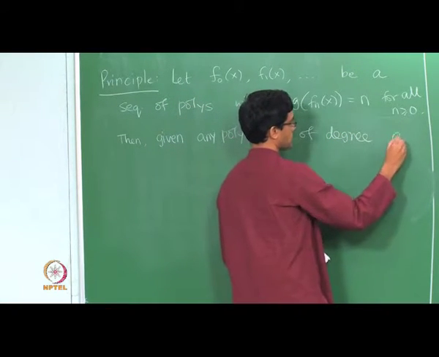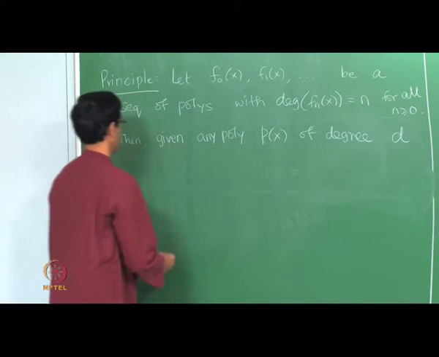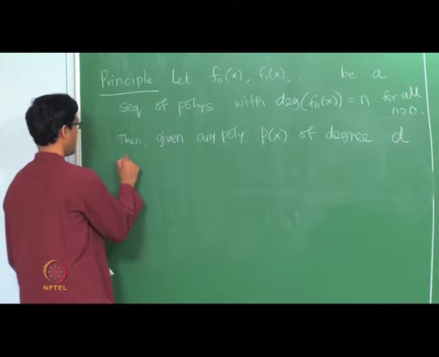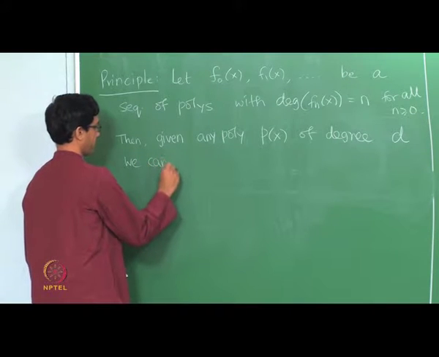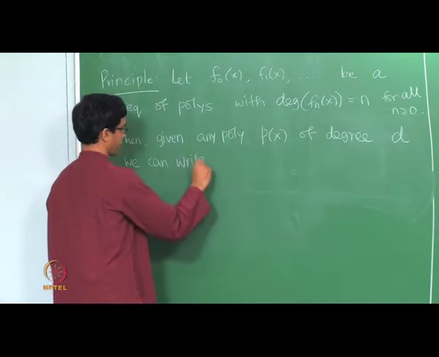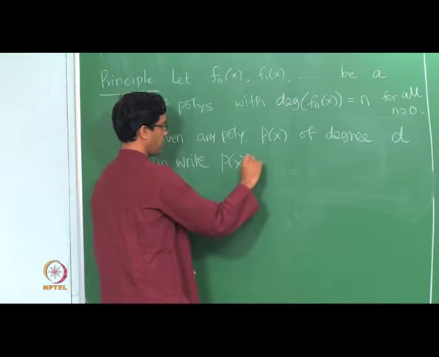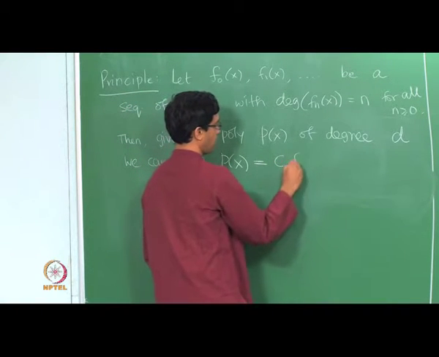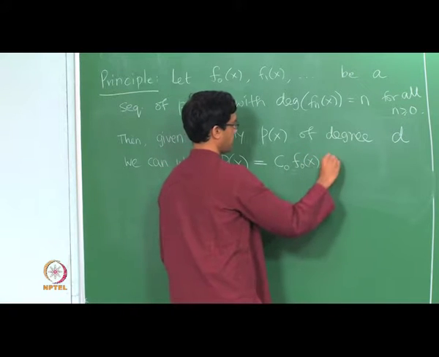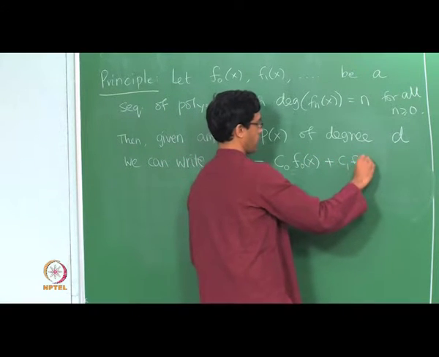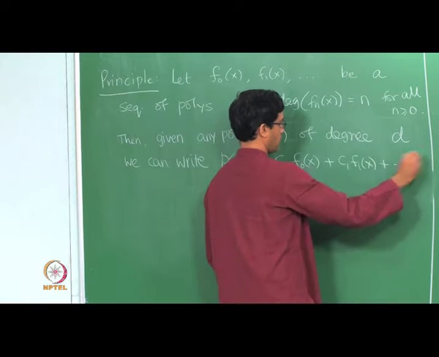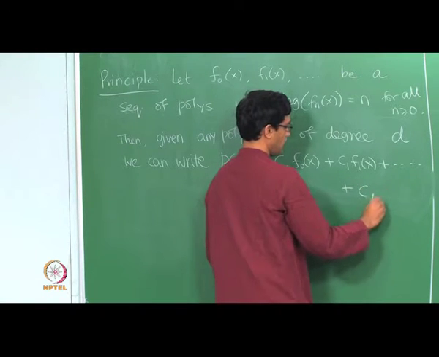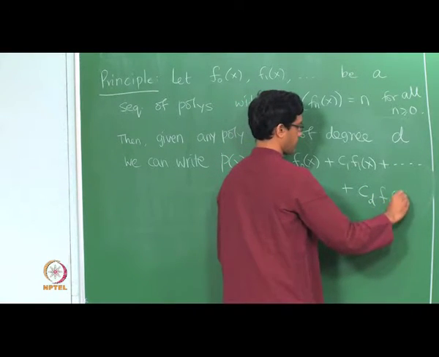Given any polynomial p of x of degree d, we can write the polynomial p as a combination. So let me call it C0 f0 of x plus C1 f1 of x and so on, all the way till Cd fd of x.